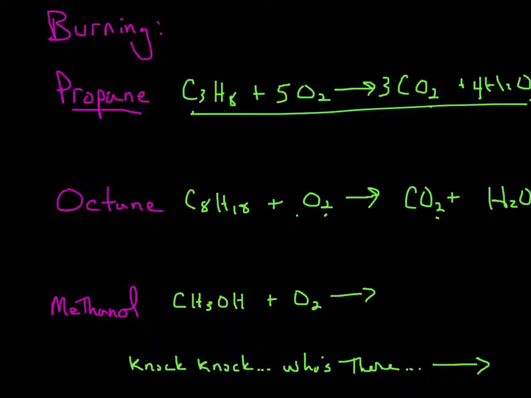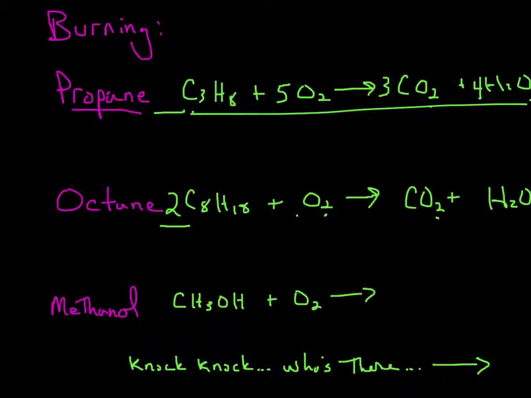And instead, I'm going to put a 2 there. And here's your little trick here. You are either going to have a 1 or a 2 in front of your fuel molecule, always. I start with 1, and if it doesn't work, then I put a 2 here.